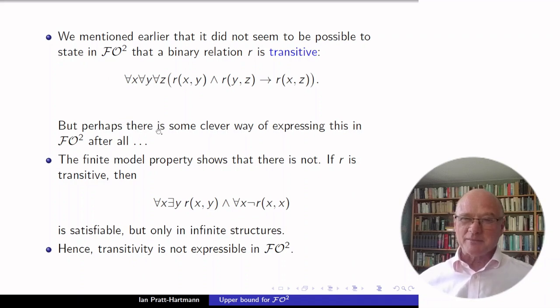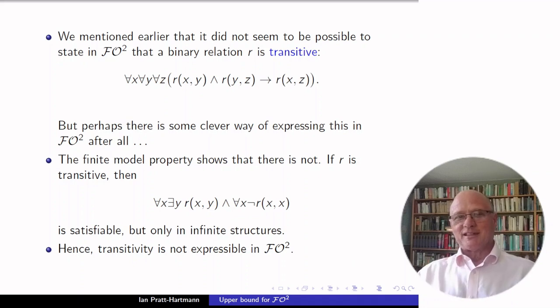You might think, well, maybe there's some clever reuse of variables, some complicated formula that is logically equivalent to the transitivity requirement, but still only uses two variables. But the finite model property for the two-variable fragment shows that that cannot be the case, because if R is a transitive relation, then this formula is satisfiable but only in infinite structures.